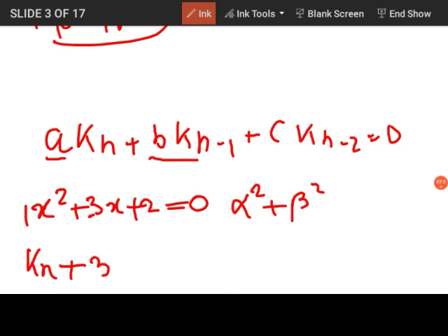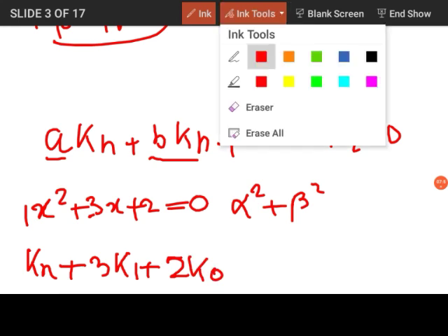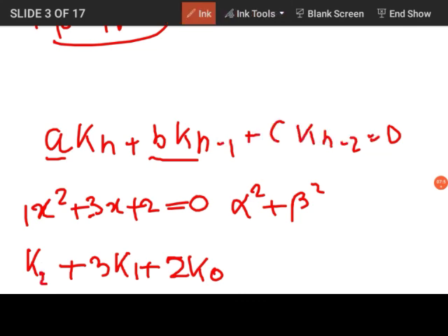Now n here is 2, so this will be k of 1, and this will be, like c here is 2, so this will be plus 2 multiplied by k 0. Now you will find k2, that is alpha square plus beta square. Now how it is very easy, see.